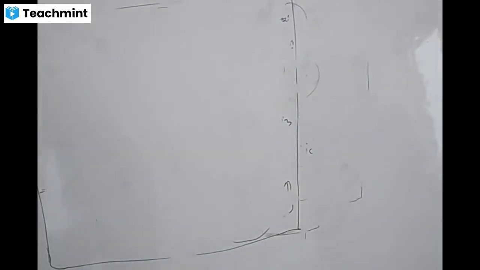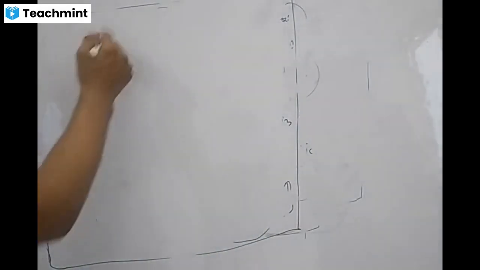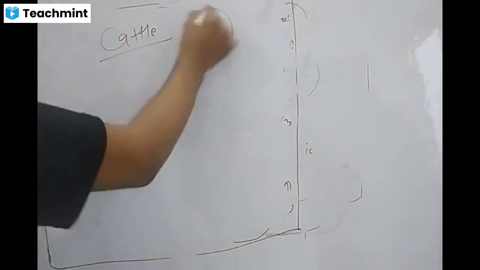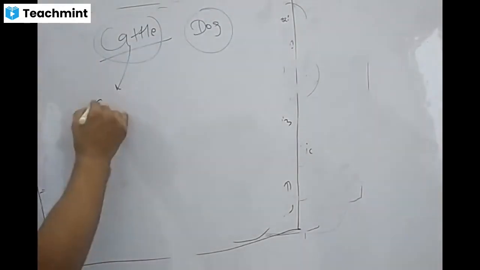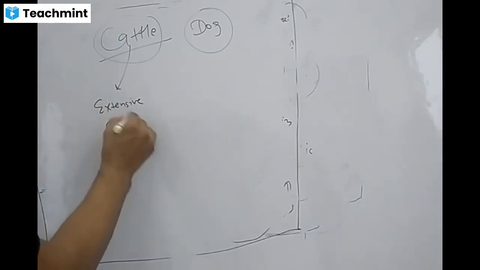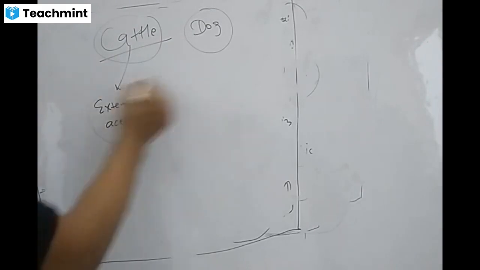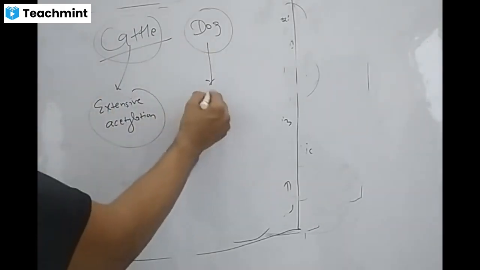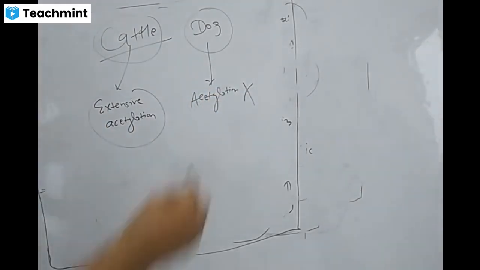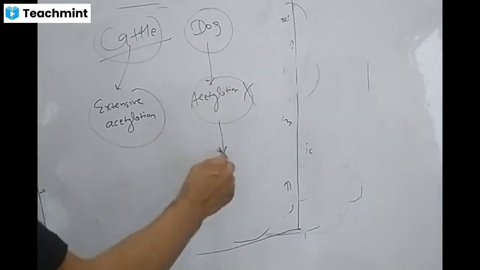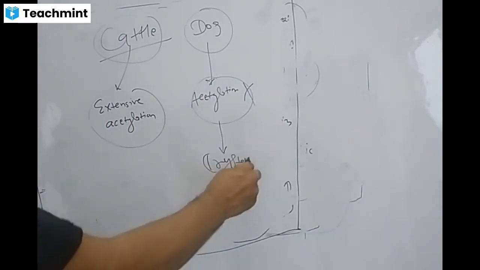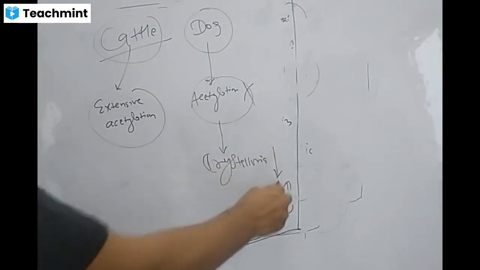Then some species differences, like cattle and dog. Pharmacokinetics related with cattle and dog. In case of cattle, there is extensive acetylation. In case of dog, acetylation is absent. So no acetylation means chances of crystalluria will be less.